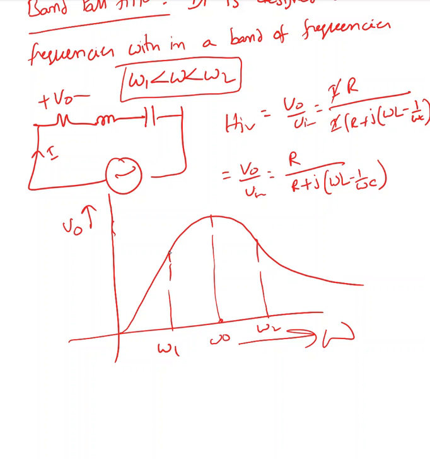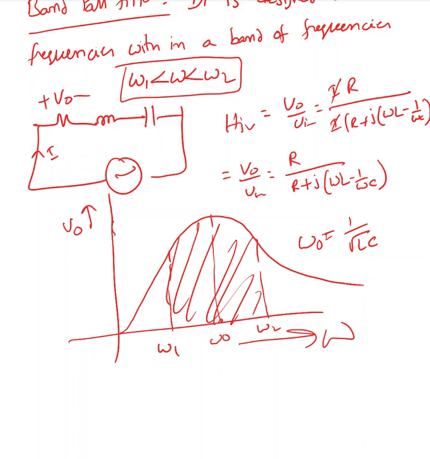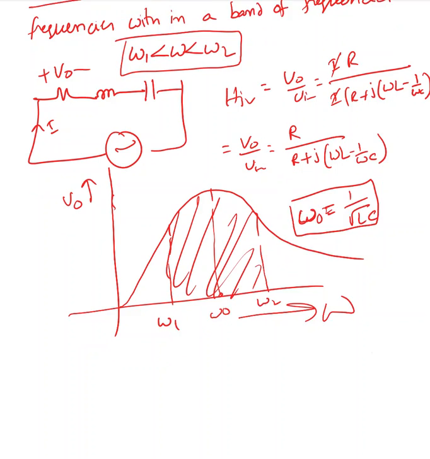So it is going to allow signal between omega 1 and omega 2. This omega 0 in this case is 1 over square root LC. If you remember, that's the resonant frequency in an RLC series circuit. It's the same thing for an RLC parallel circuit also. So the band pass filter allows signal between two frequencies.